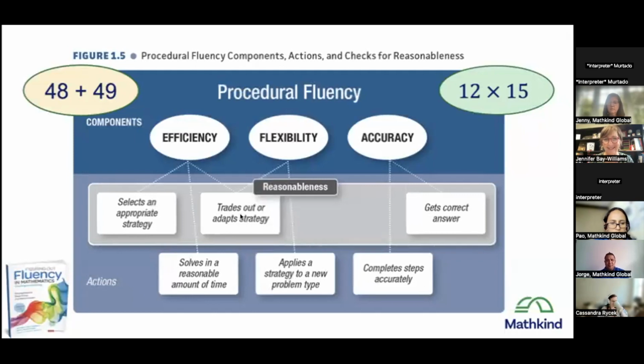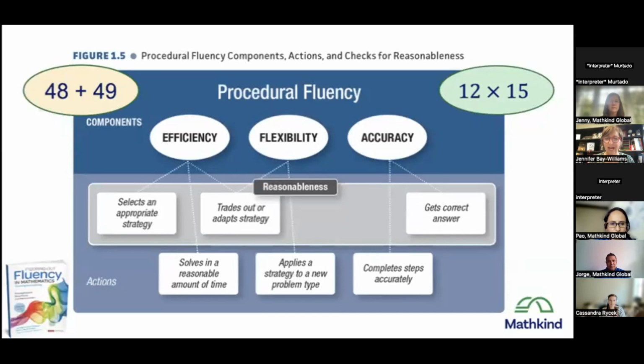That's the flexibility. And that you can use an idea for whole numbers, for fractions, or for other numbers. And then, of course, we ultimately want to make sure that we're doing the steps correctly, that we're enacting, and that we're getting a right answer. This is fluency. These three big ideas: efficiency, flexibility, and accuracy. And it looks like what these rectangles say.